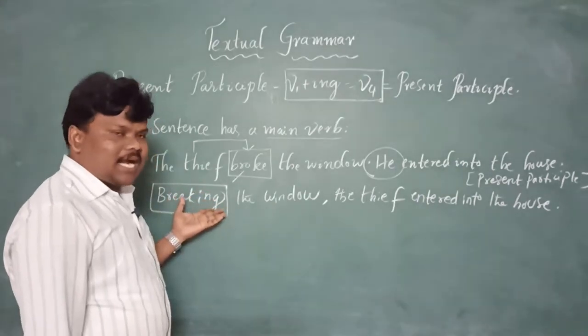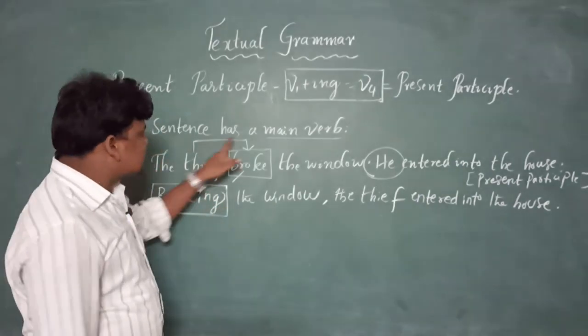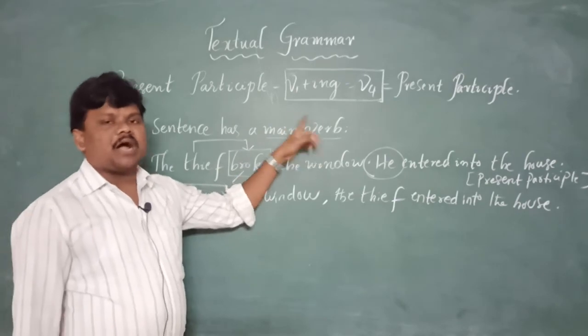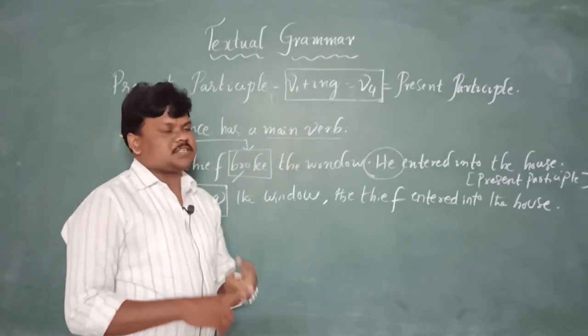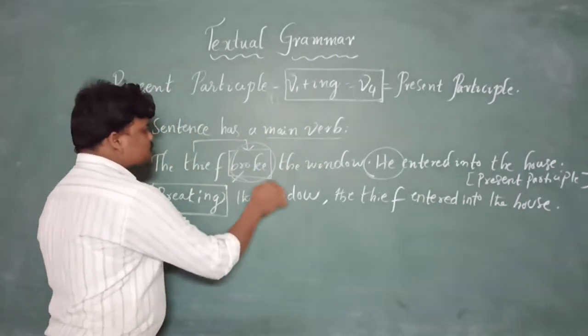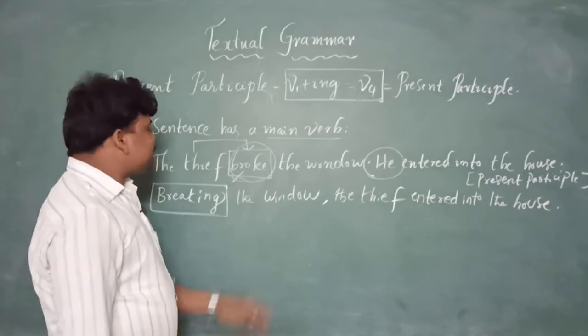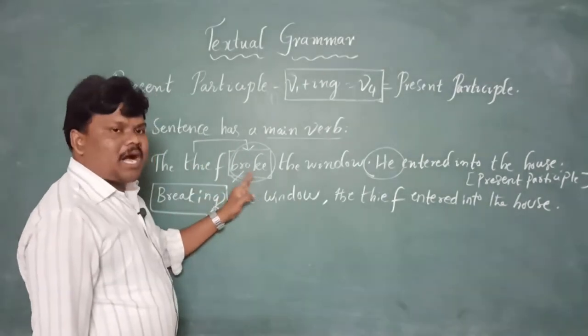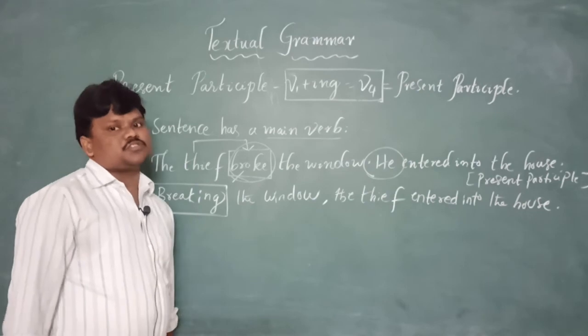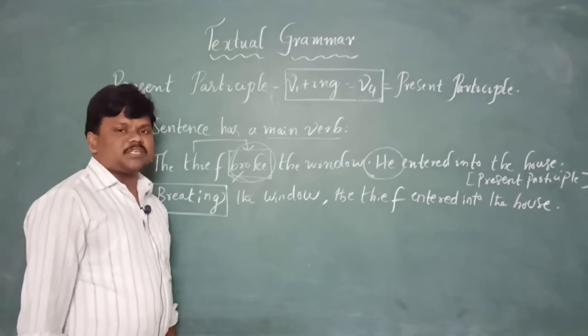Very easy. Let me tell you, if a sentence doesn't have any main verb, how do we need to combine the two sentences? If there is a main verb, it is okay, very easy. And if there is no main verb after the subject, what might be the situation? How do we need to combine the two sentences?